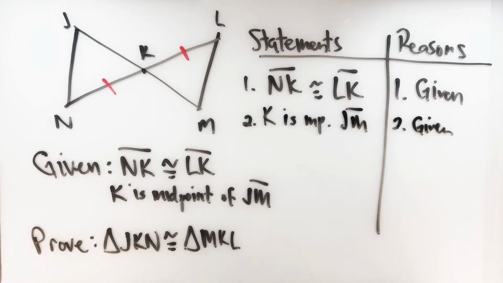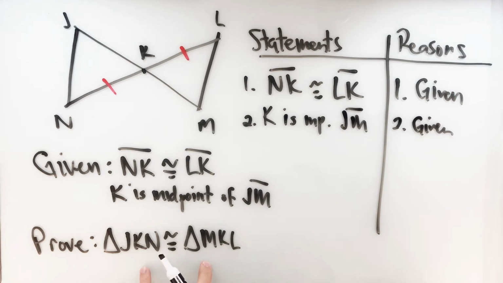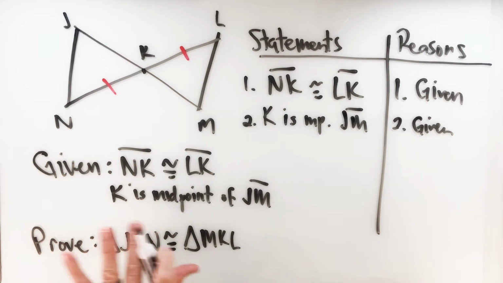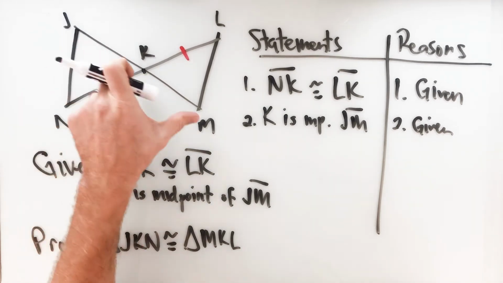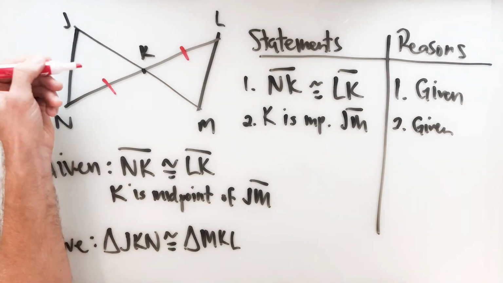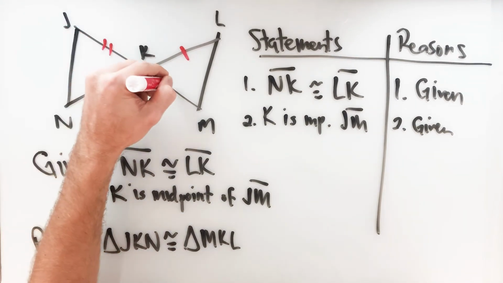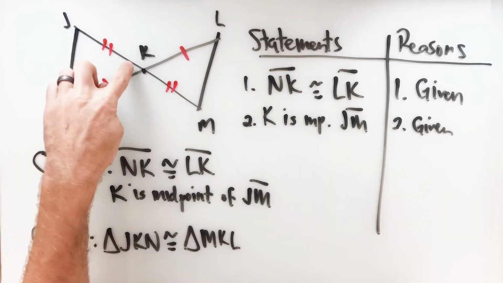Okay, so we've got one pair of sides that are congruent. In order to prove the triangles are congruent, we either need all three sides or two sides and an angle that's in between. So based on this setup, what else do we know? K is the midpoint of JM. If K is the midpoint of JM, which two segments would have to be the same? Well, segment JM gets cut in half, so the two halves would be these two pieces here. So we know that JK is congruent to MK.